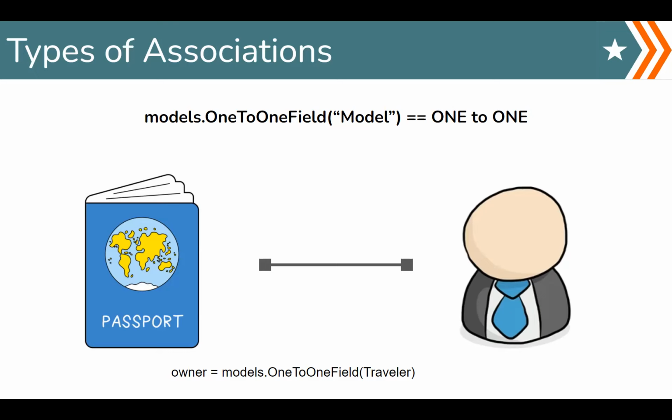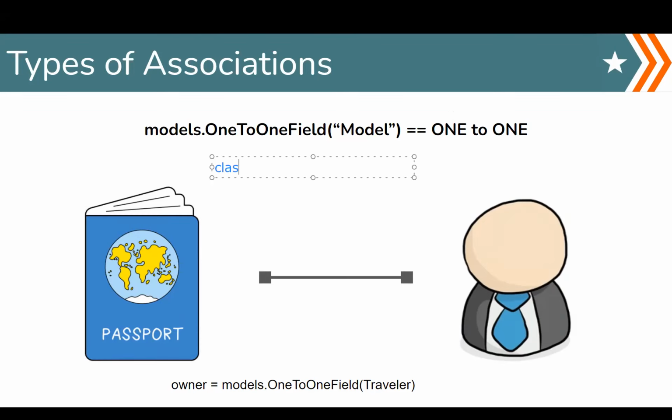So when we're defining our fields, let me see if I can annotate this just to show what I'm talking about. Yeah, this will work. So we could have a class Traveler that takes stuff from models.Model. And then we can have the traveler have a name, for example.